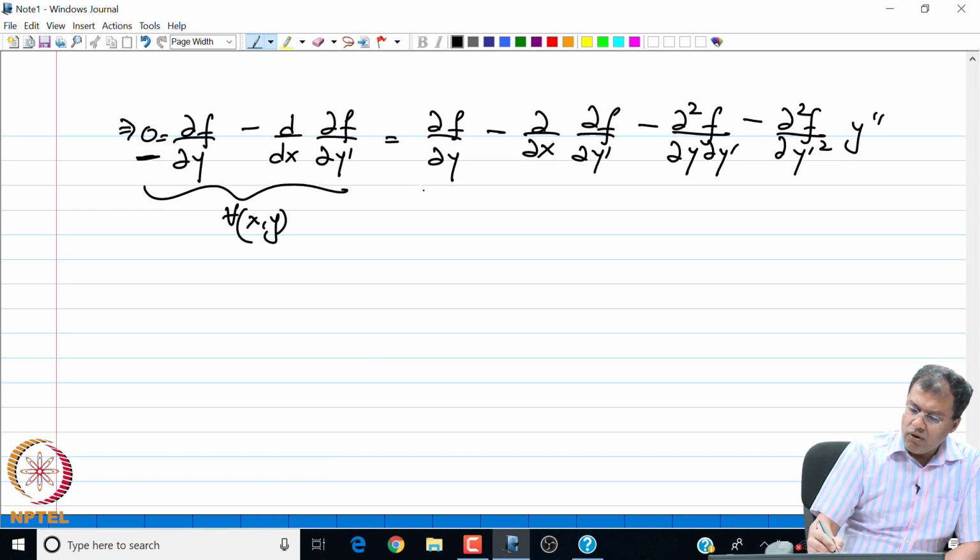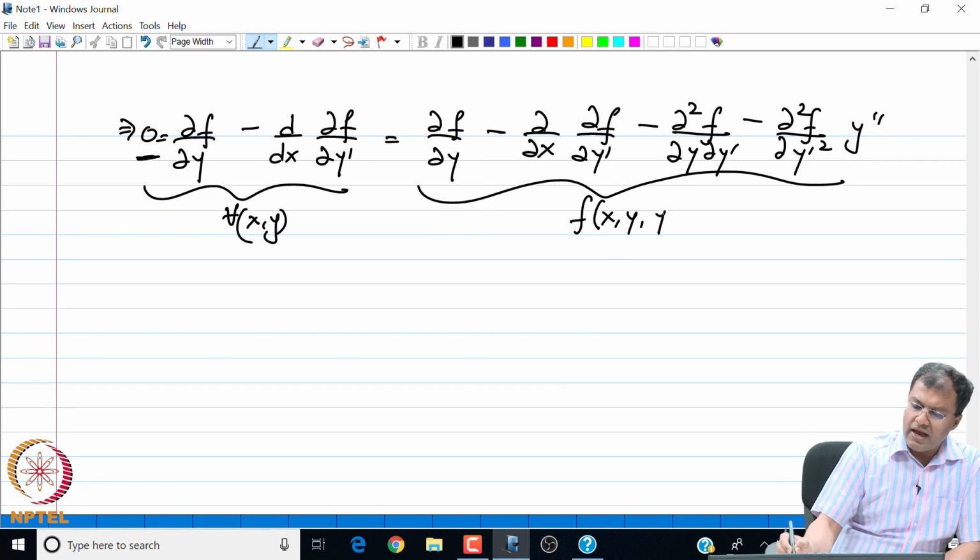Now, we are doing a problem in which f is a function of x, y and y prime.